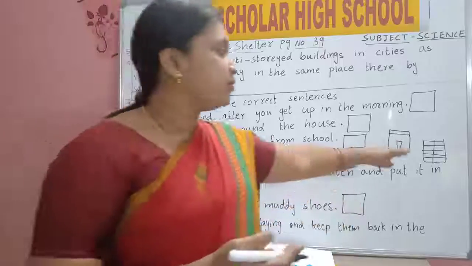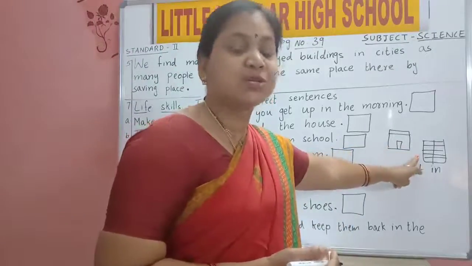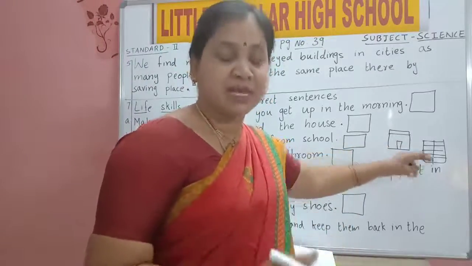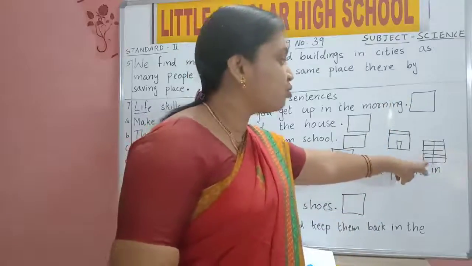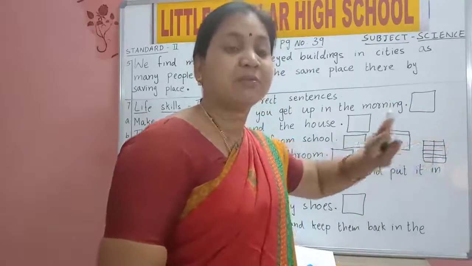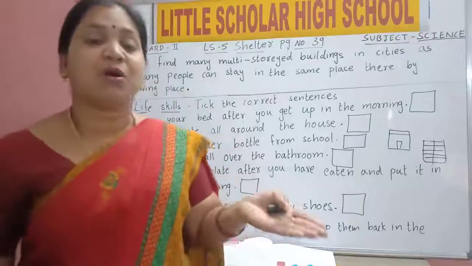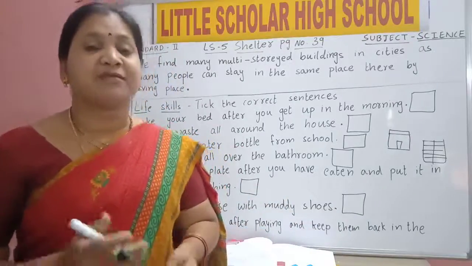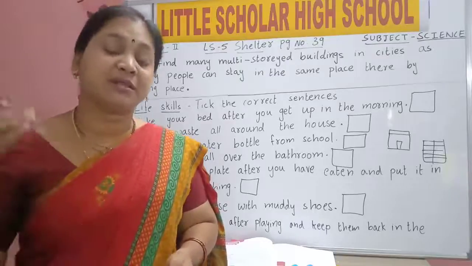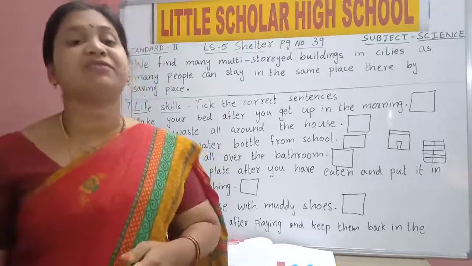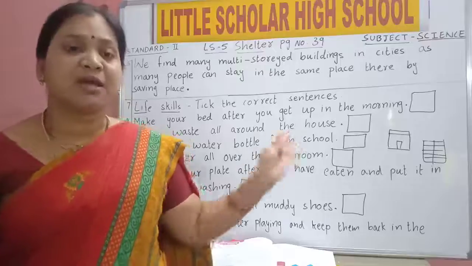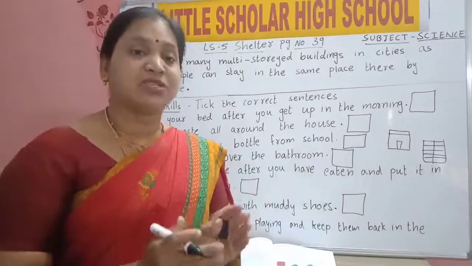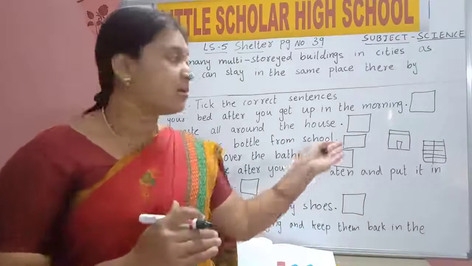So why are they building apartments? To save place, in the same place so many houses are built. In an apartment, how many families can live? They have many houses in the apartment, like 15, some places 20, some places 50 also, in some places more than 50 also. So in the same area, to save place, they build apartments.